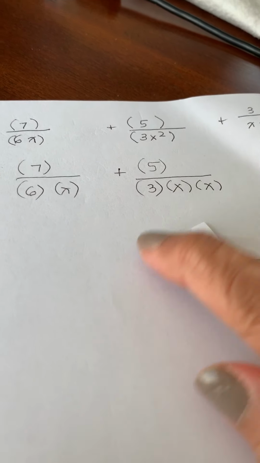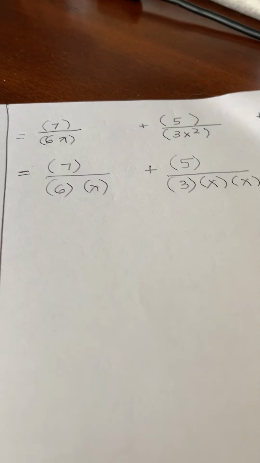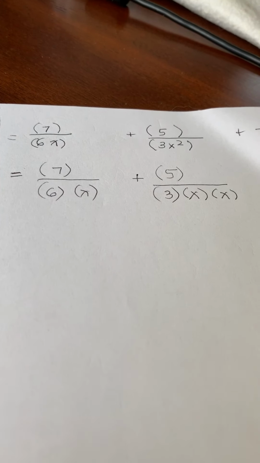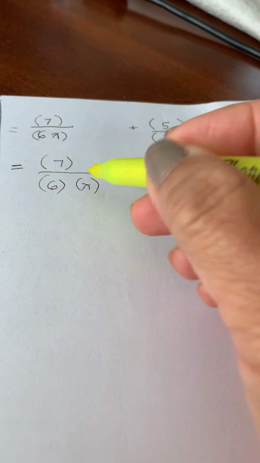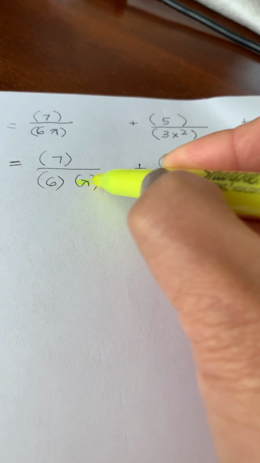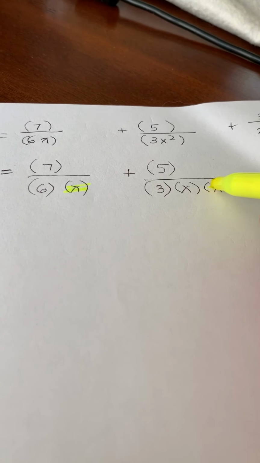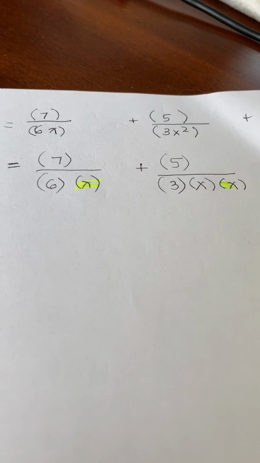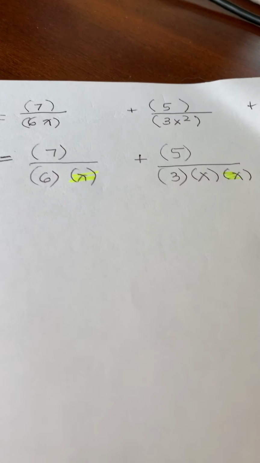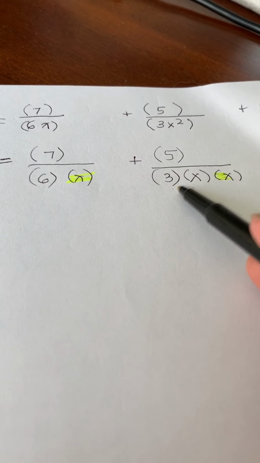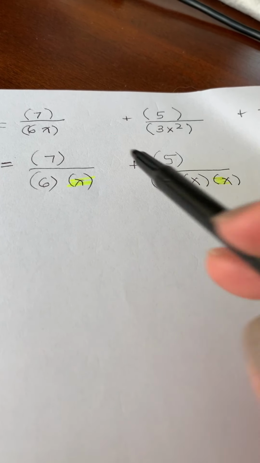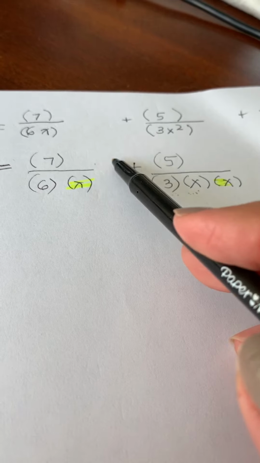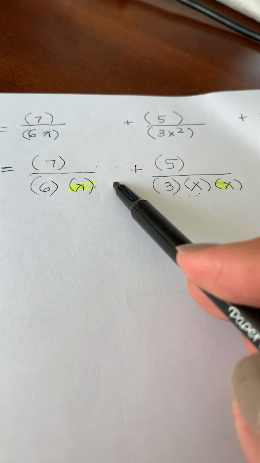I will just use the highlighter. So this is now in standby, and this one is now in standby. What is left here is 3x, 3 and x. I'm going to multiply this with 3x over 3x here.